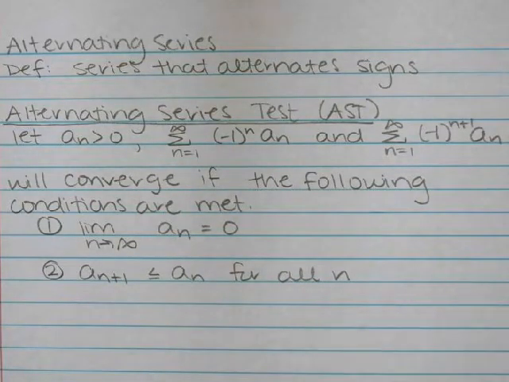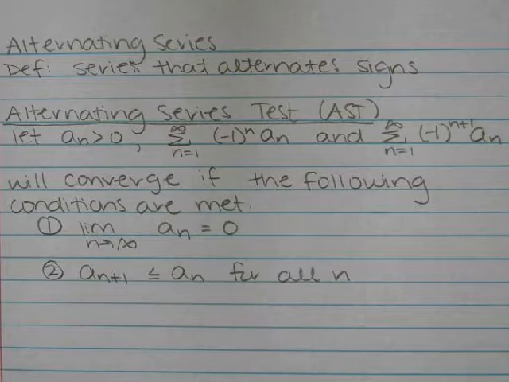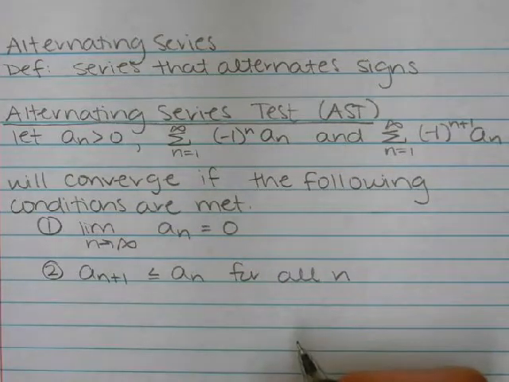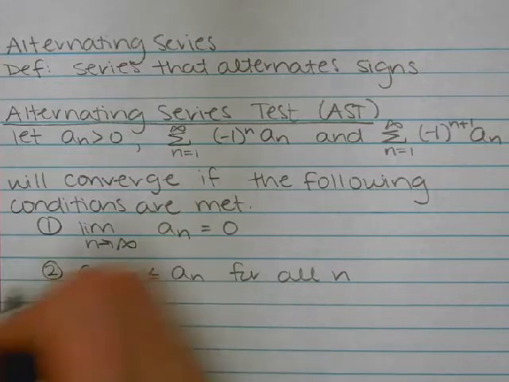So basically, as you go throughout the sequence, when you're finding the numbers that you're going to be adding together to find the sum of the series, those numbers should be getting smaller. If either of these conditions is not met, then there's no conclusion.